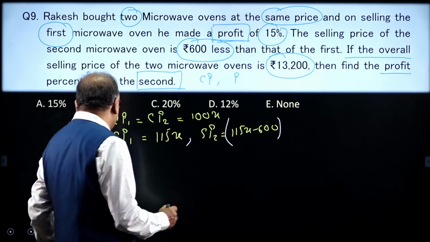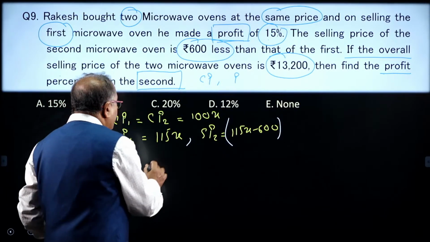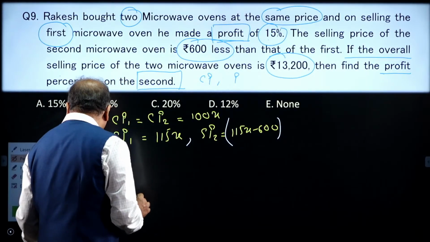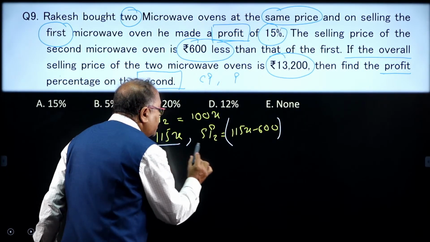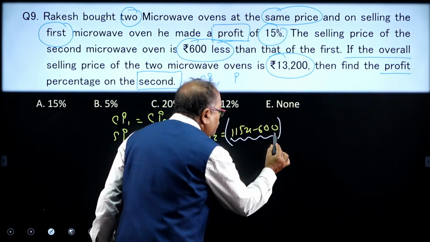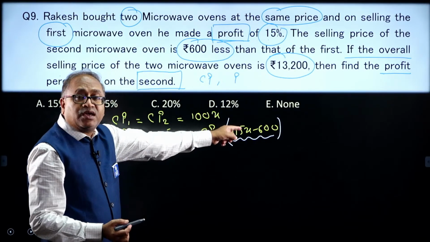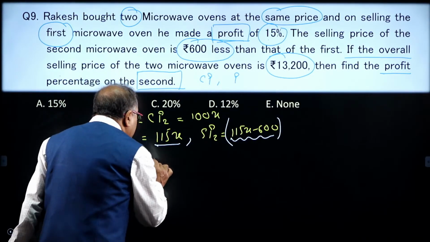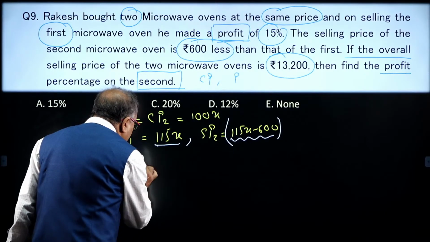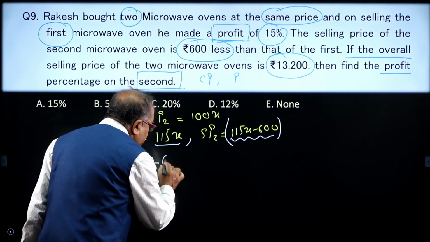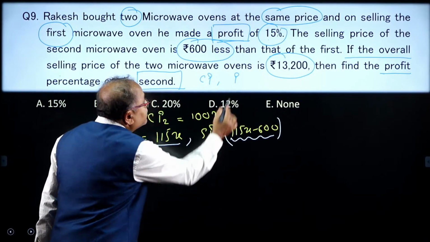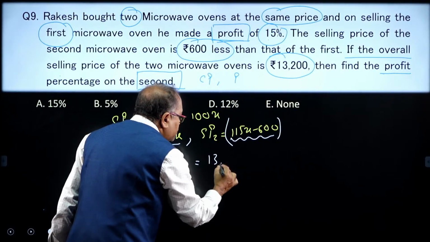I am just writing that step also. So, selling price 1 plus selling price 2, how much value am I getting? 230x minus 600 is the total selling price, which is 13,200.